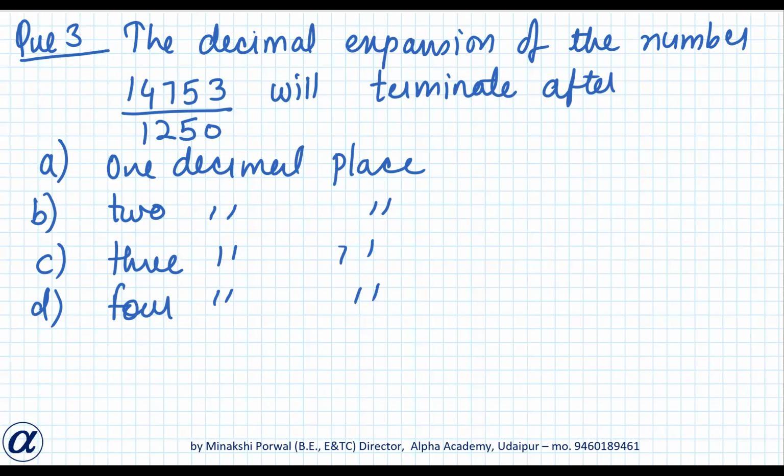We'll see actually. First step is 14753 upon 1250. Obtaining prime factorization. This cannot, both of them cannot be cut. 1250 के factors हैं. Factors are only 2 and 5. And 14753, it's an odd number, so it does not have factors 2 and 5.